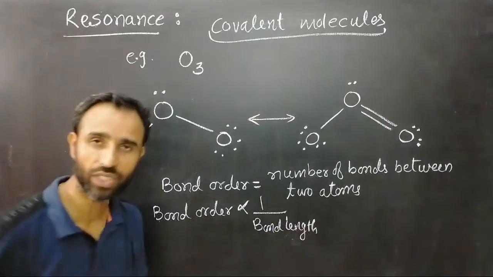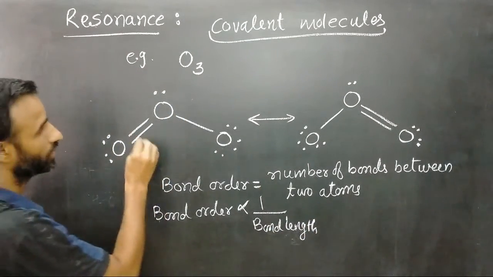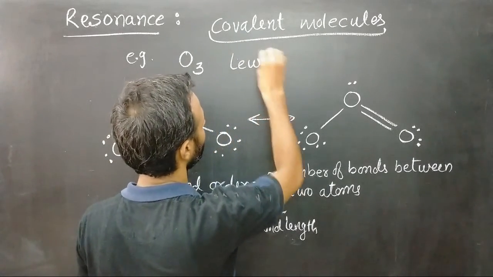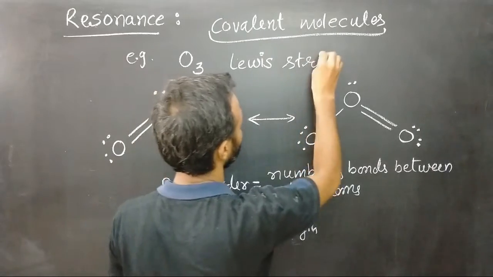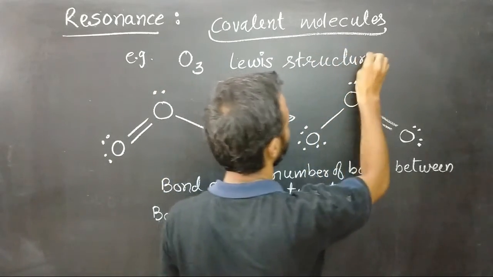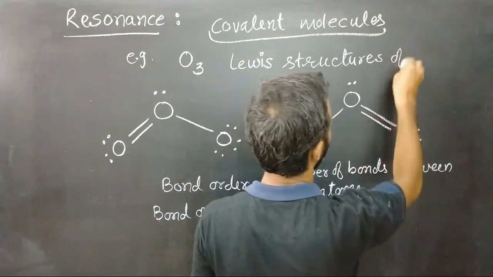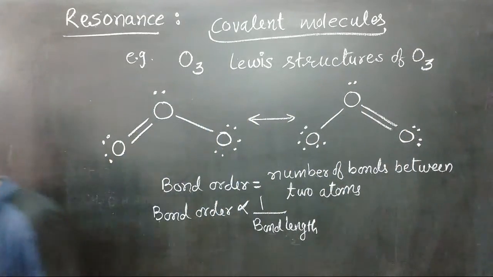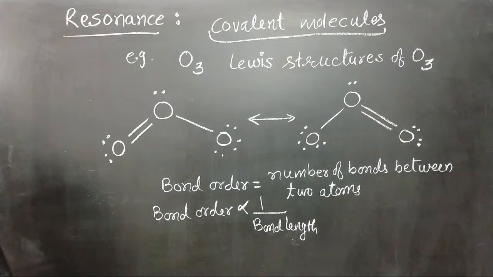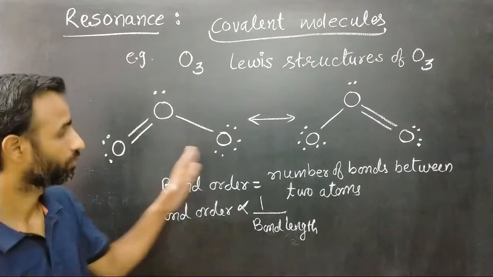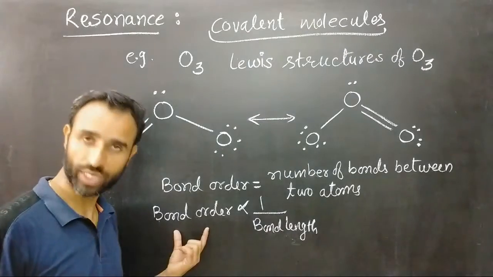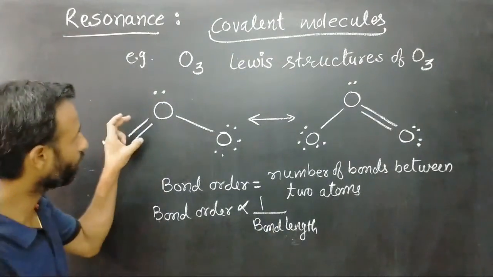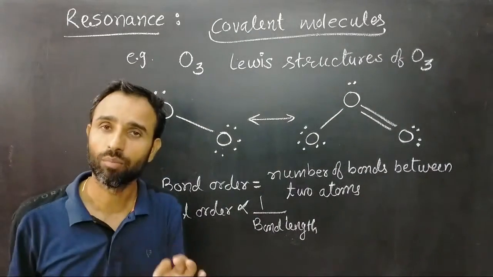So that means if we say these are Lewis structures of ozone, right? These are Lewis structures of ozone, and bond order is inversely proportional to bond length. More the number of bonds, lesser is the bond length.